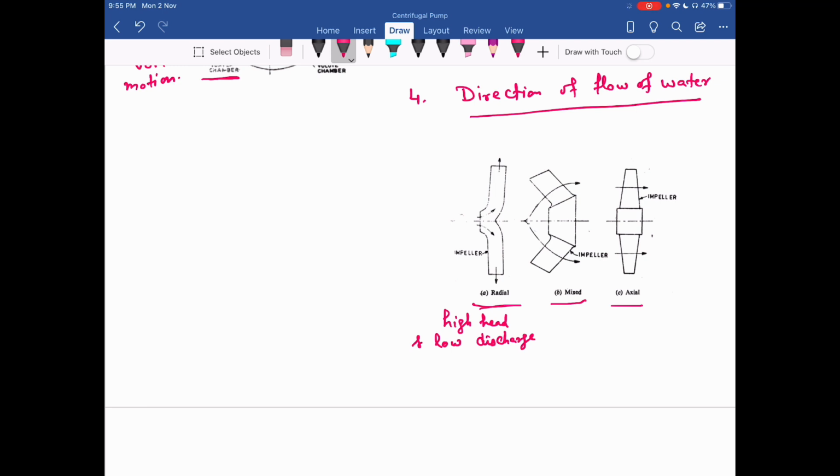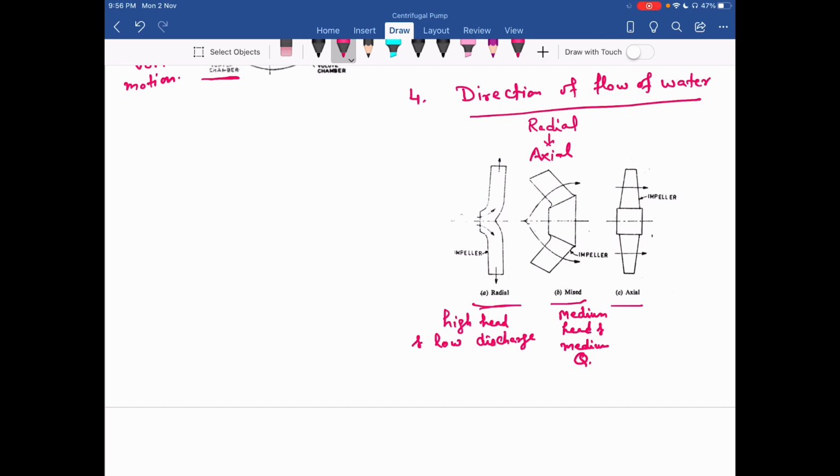Then in mixed flow, here the direction of flow of pump changes from pure radial to axial. Okay, so this is used for medium head and medium discharge. Used normally in irrigation purpose.